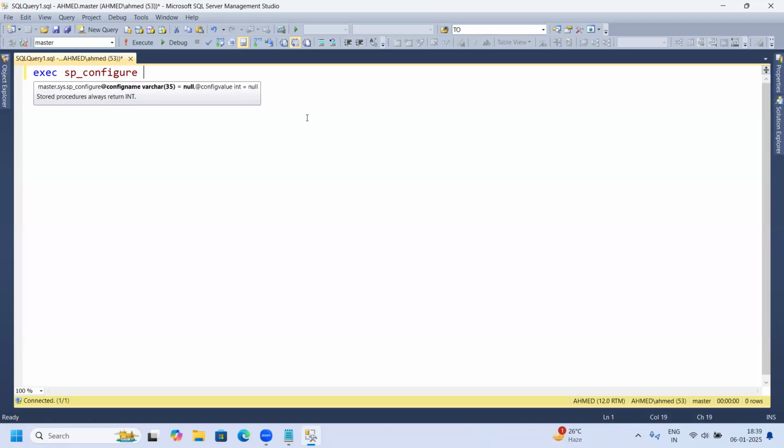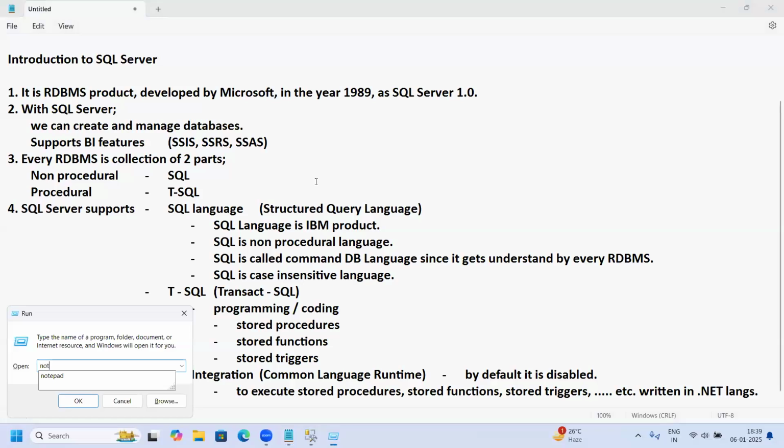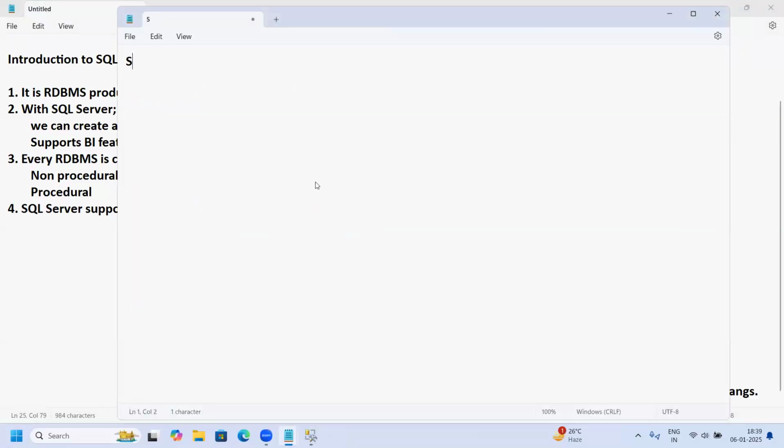What is this? This is called system stored procedures. In my development classes, I take up the types of procedures.